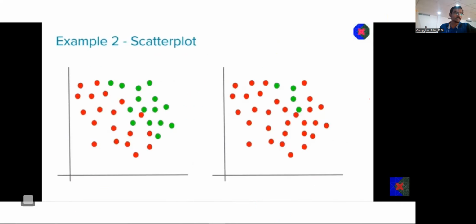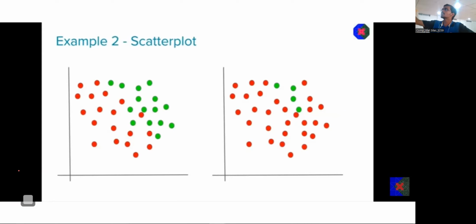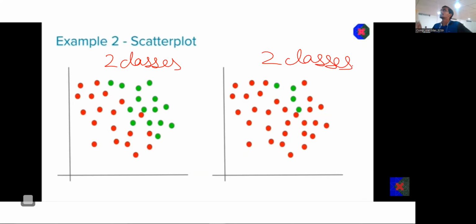Now, in terms of data science, if we take this particular example, here we can see that we have two classes. So this is a classification problem. Here also we have two classes, which are indicated by red and green.